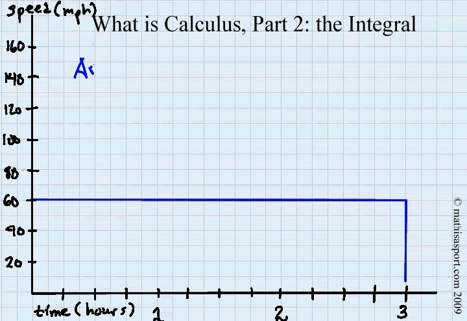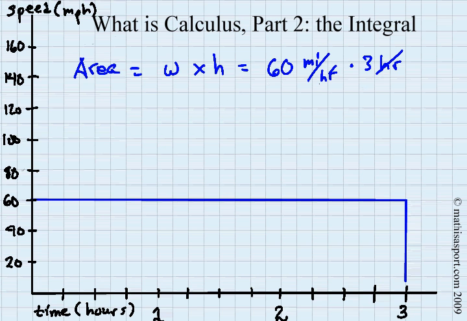So the area is just, of course, the width times the height of that rectangle, which is 60 miles per hour times 3 hours. So what are the units of that area? And I say area in quotes because the units are obviously not area units. Okay. Well, if you see that the hours cancel out, then what we have is 180 miles.